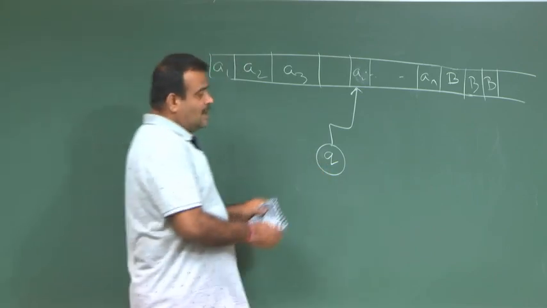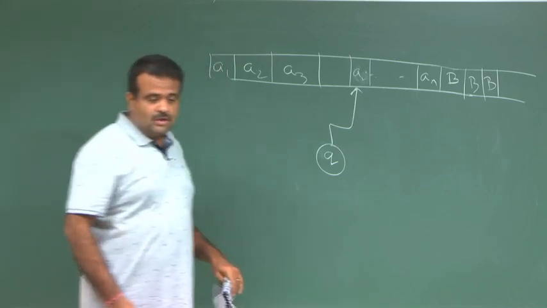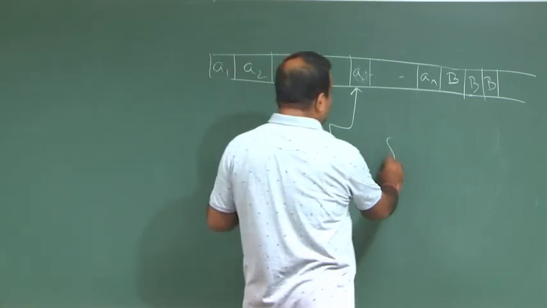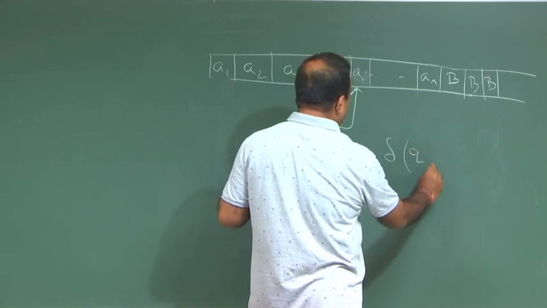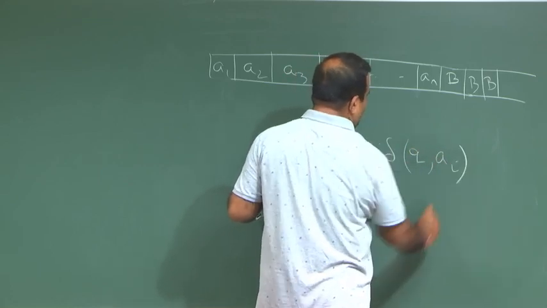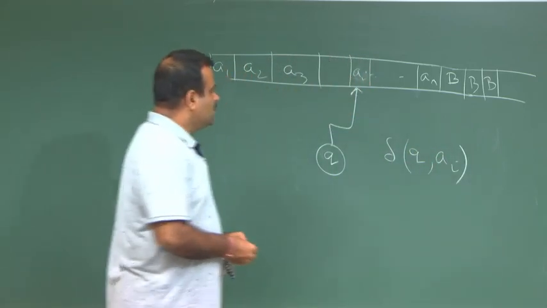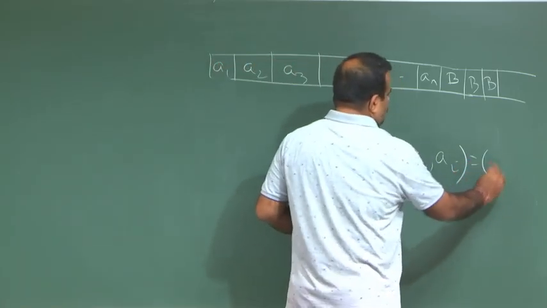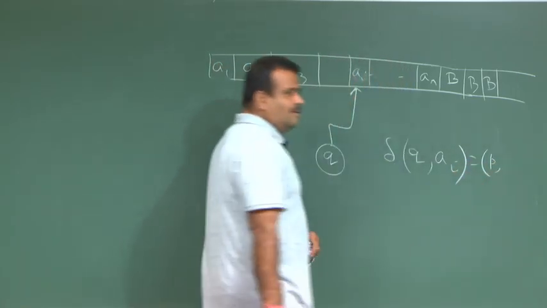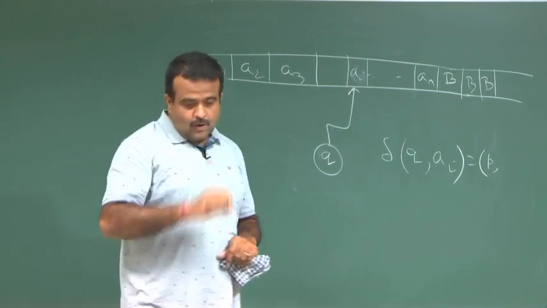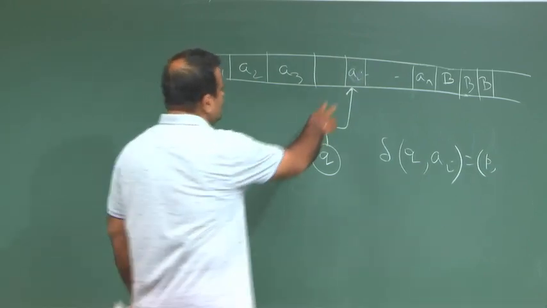Now, we are following the transition rules. The transition rule over here is delta of the current state Q and the symbol Ai. So, this will be a 3-tuple. We will go to the new state P and change this symbol.